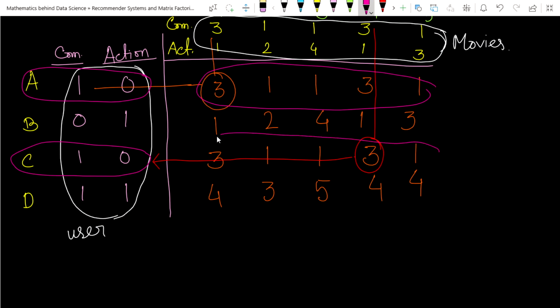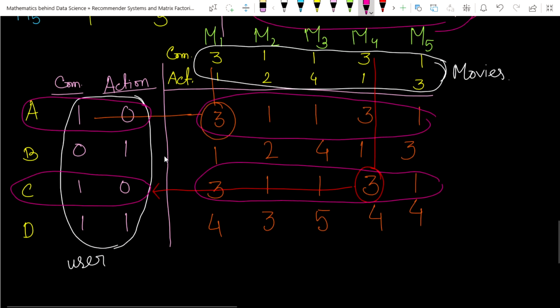Since the choices of A and C are equal, the ratings they have given are also similar. It's obvious. And B plus C equals D: 1 plus 3 equals 4, 2 plus 1 equals 3, 4 plus 1 equals 5, 1 plus 3 equals 4, and the same. That's the magic of this matrix factorization.